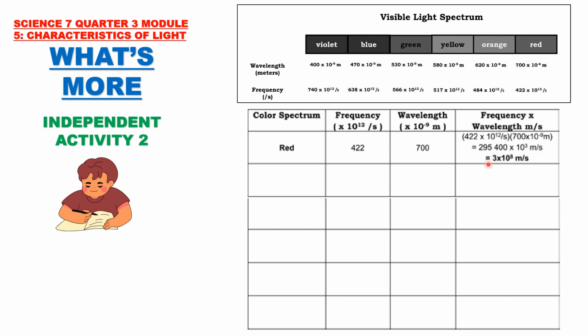Or, when rounded off, it is equal to 3 times 10 to the positive 8 meters per second. Once you have computed everything, please put your answers here.